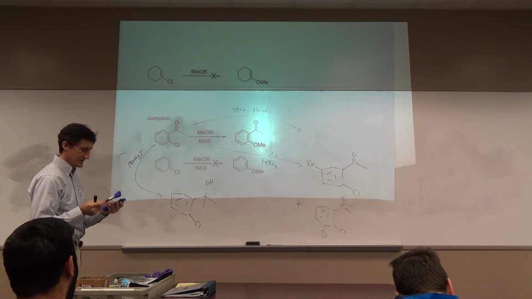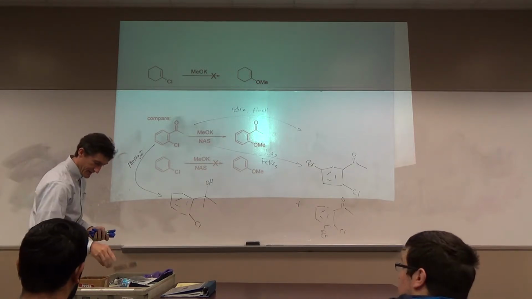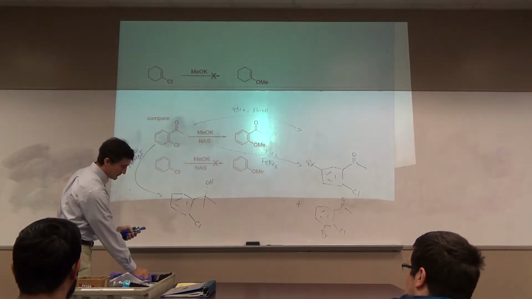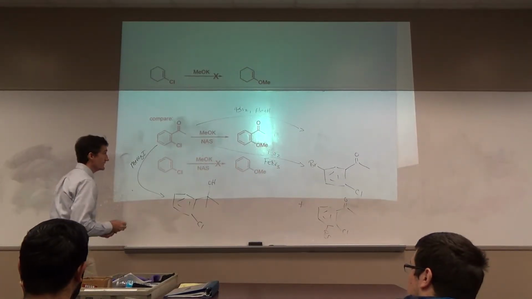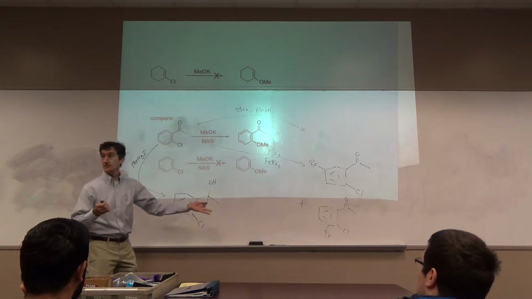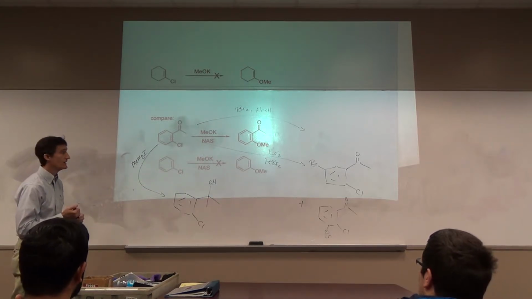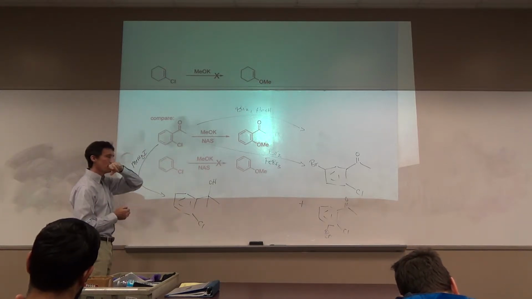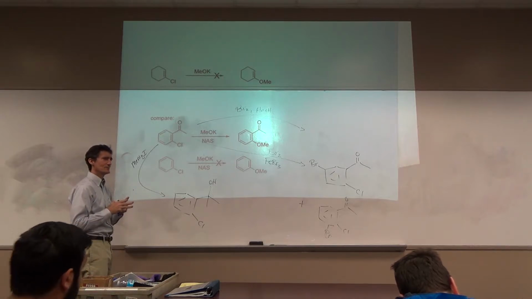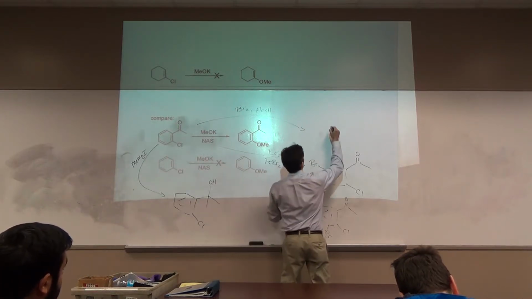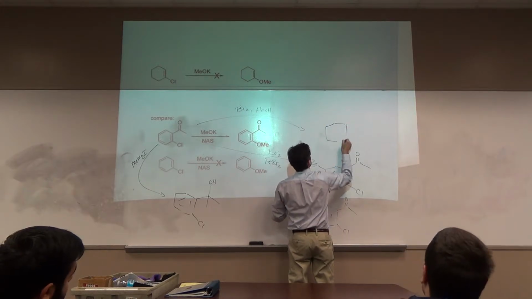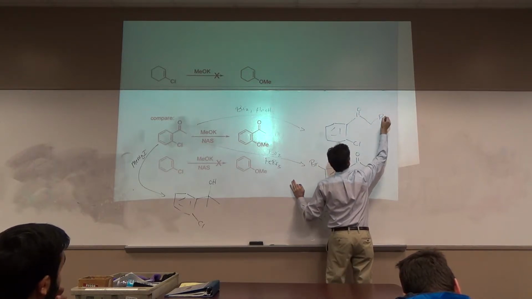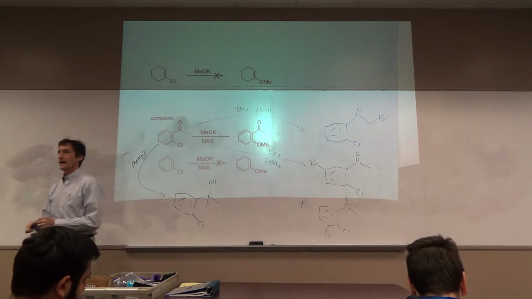Just don't make sense. Got a lot of blues. Where do they all go? That's the EAS chemistry. Yeah? We're going to have to talk about it. What about bromine, acetic acid? What's alpha bromination?